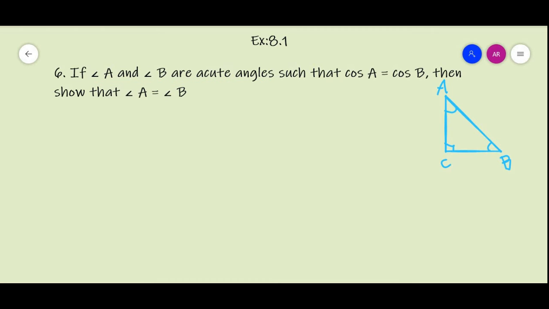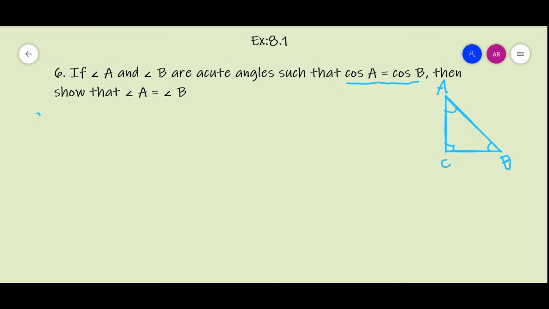Now the next thing that has been given to us in the question is that cos A is equal to cos B. If you remember the formula of cos theta, you are going to remember it if you remember the codes which I told you in the previous video. The code for cos theta is CAH, which means that cos theta is equal to the adjacent side by the hypotenuse.